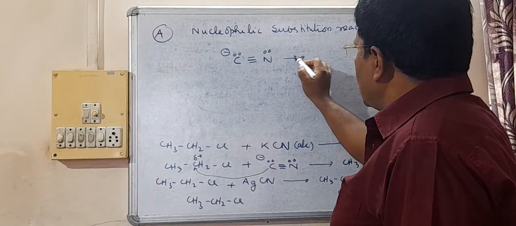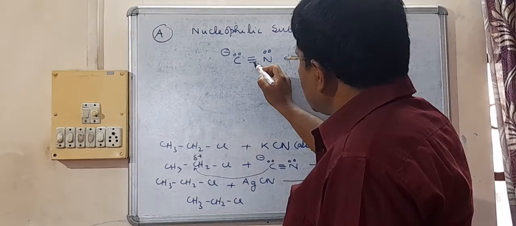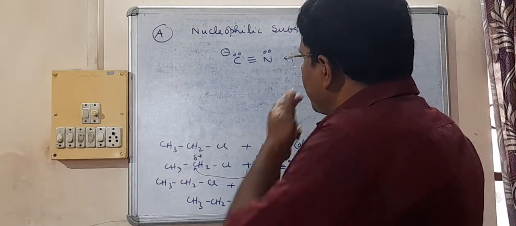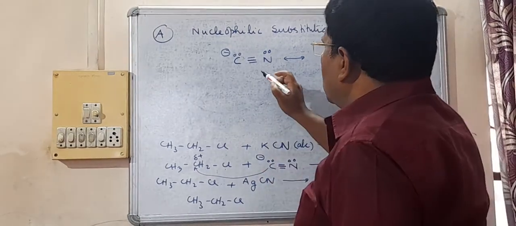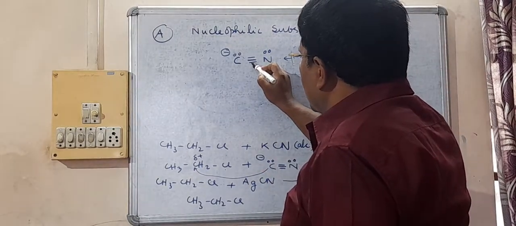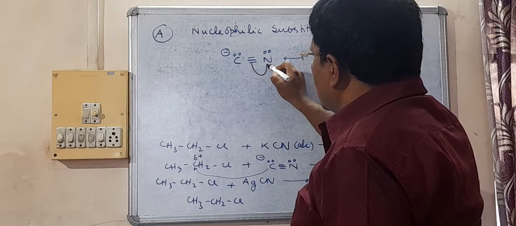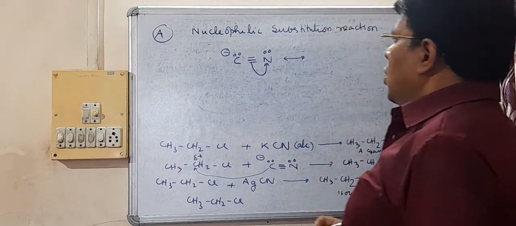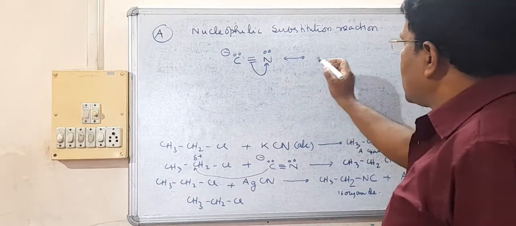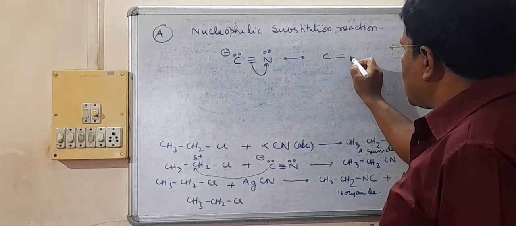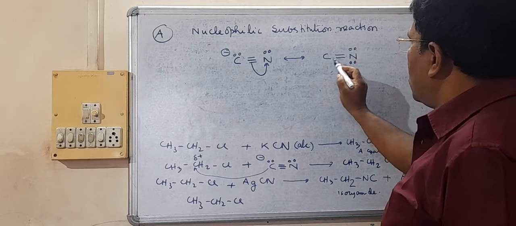You have done resonance. In resonance, this pair of electrons goes to this nitrogen also. This pi electron goes to nitrogen because nitrogen is more electronegative. So we have then this structure.